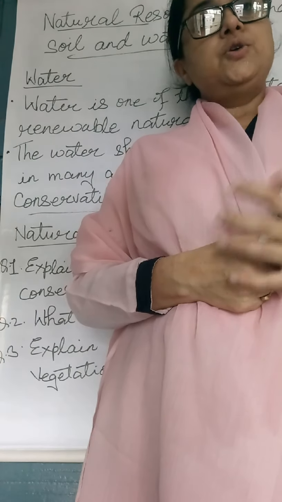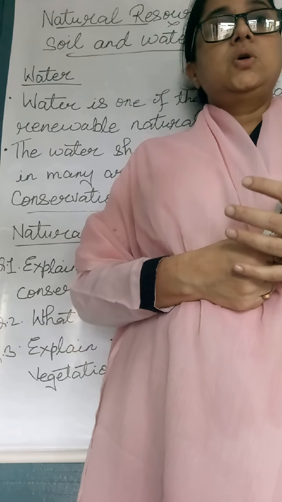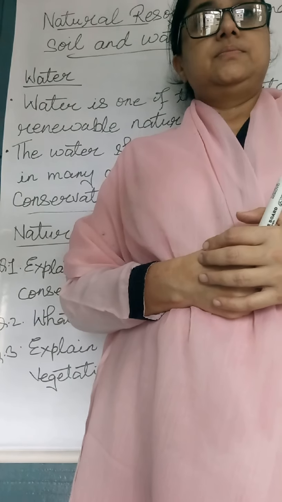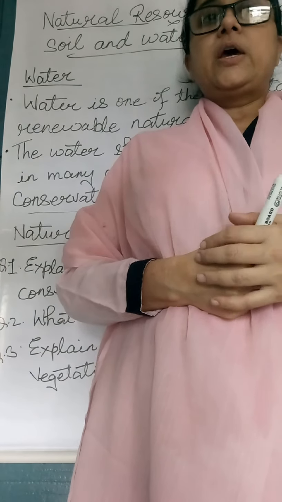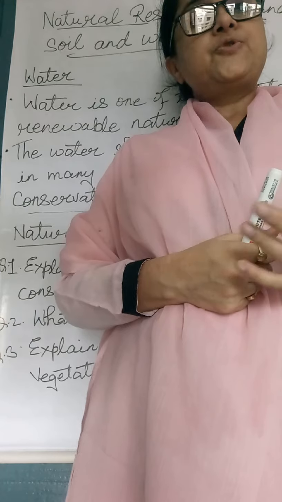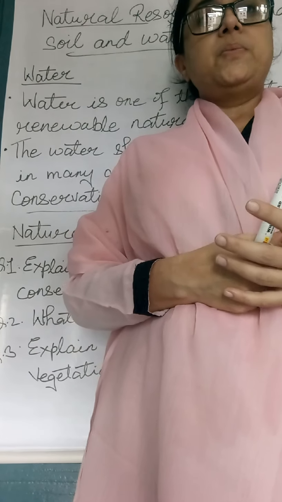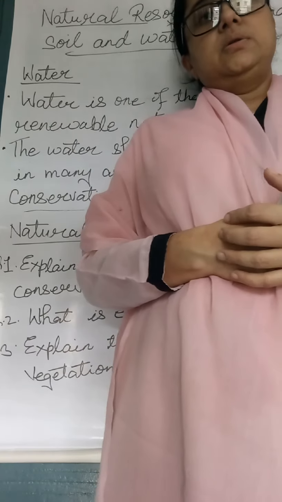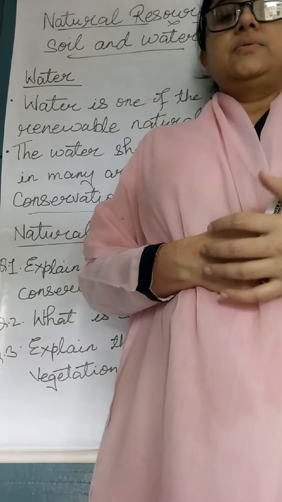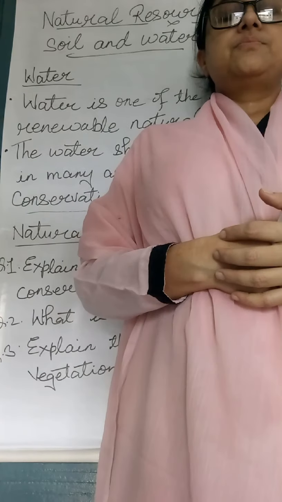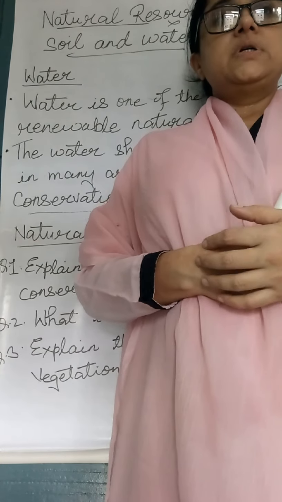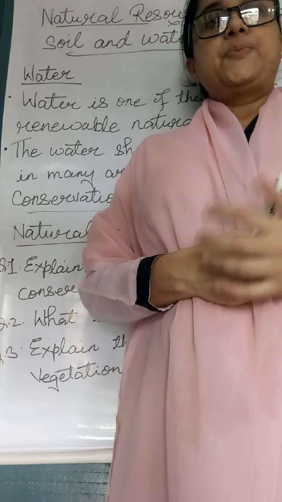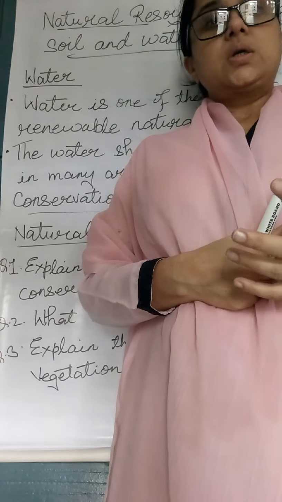The total volume of water on earth remains constant. So, we cannot add or subtract water from the earth. The water can be cycled between oceans, winds, rivers, lands, etc. by the process called the water cycle.